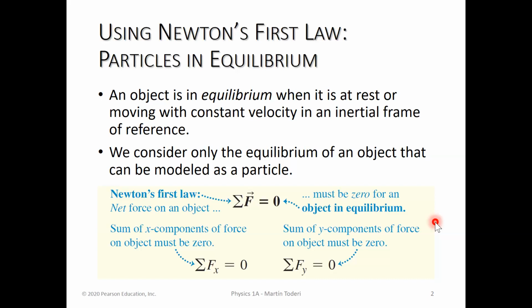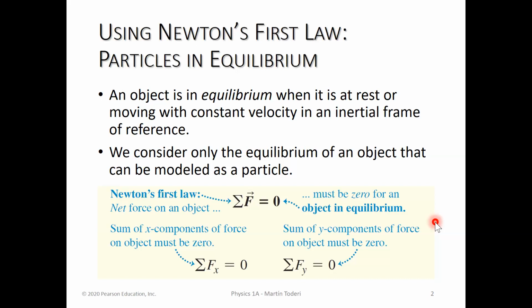And of course, if we have 2 dimensions or even 3 dimensions in our problem, then we can say that the components of that net force, of that sum of forces, will be 0 too.